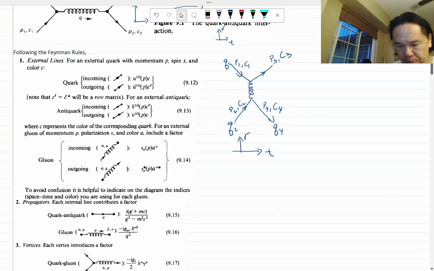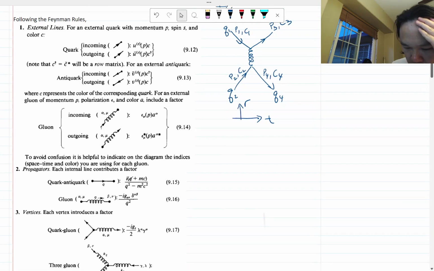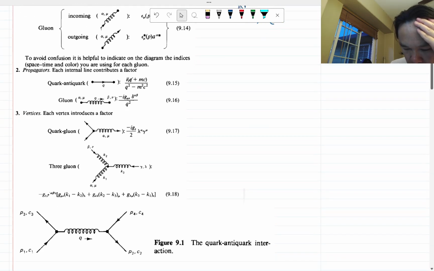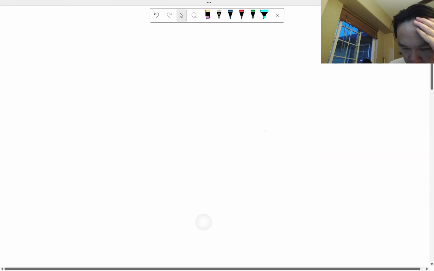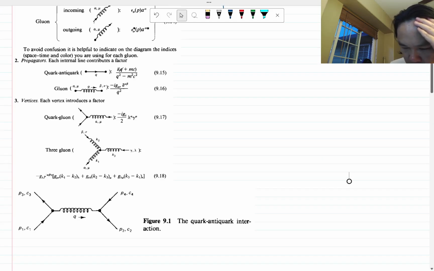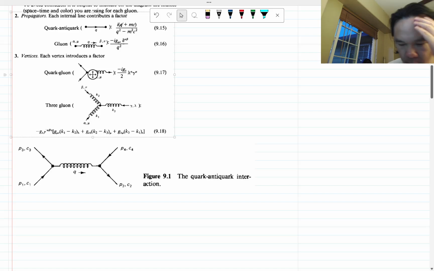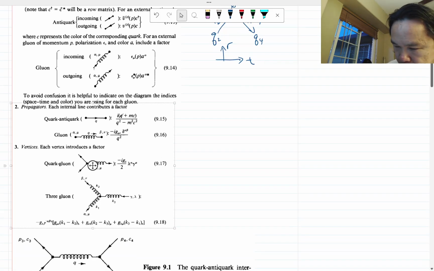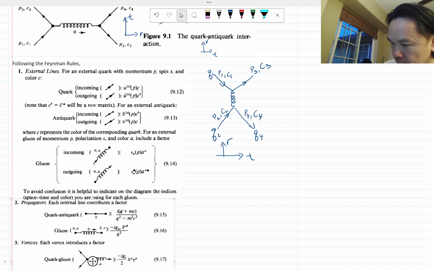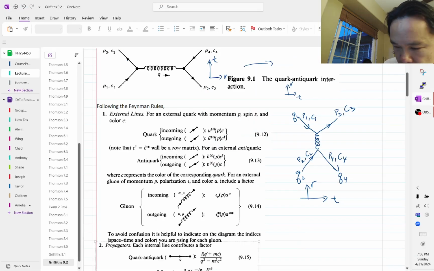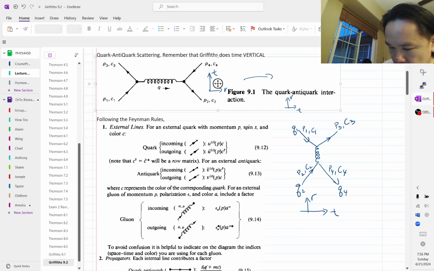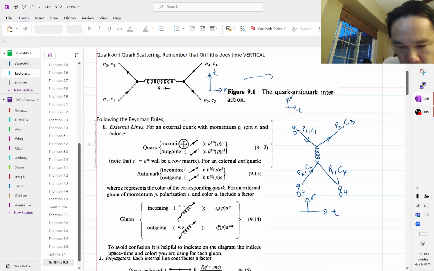Okay. All right. So I listed all the Feynman rules down here. So let's see if we can do this. Actually, what I should do is move this down here so I can see the same version of it, right? The one we're used to.